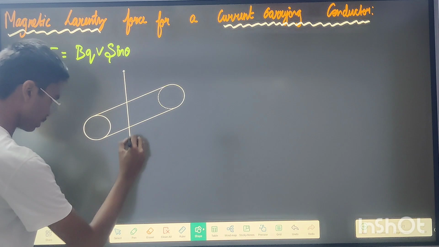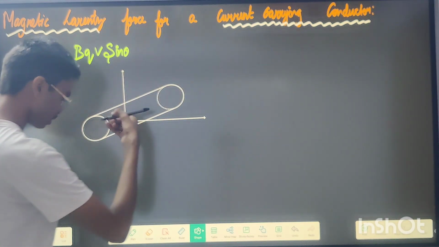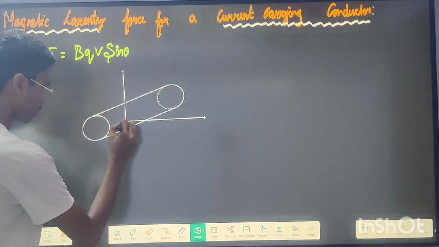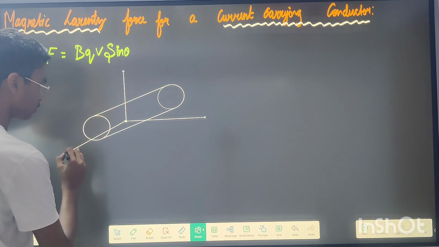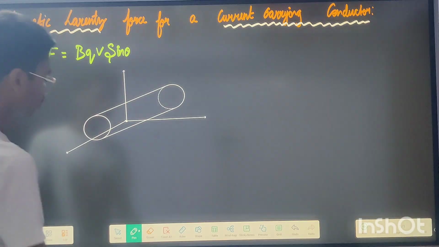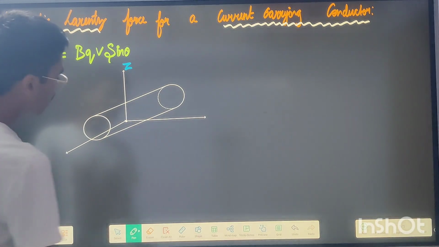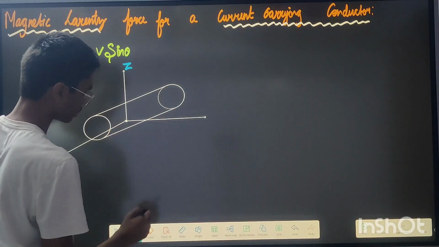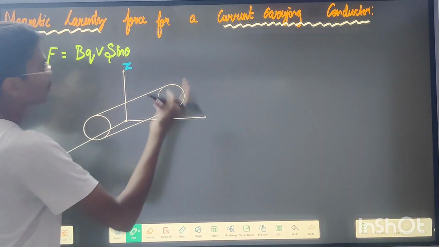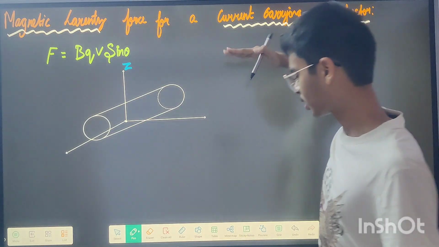Let this be the x-axis, this the y-axis, and this the z-axis. Current is passing in this direction. The magnetic force is going in this direction only.